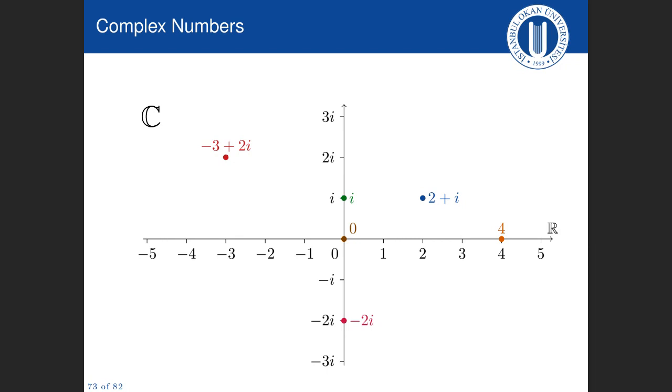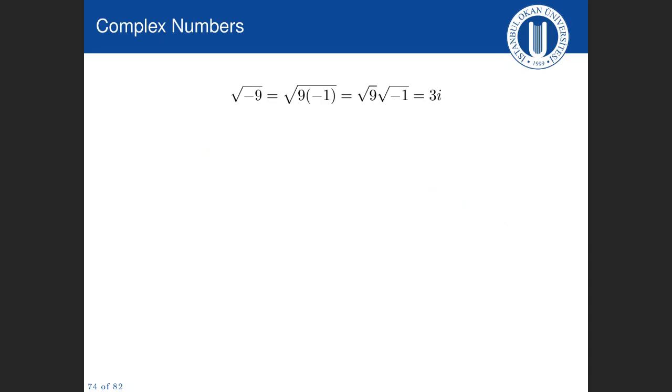Now that we have i, we can take the square root of any negative number. If we were asked to find the square root of minus 9, we can remember that minus 9 is 9 multiplied by minus 1. And if we're doing the square root of a product of two numbers, we can just do the square root of 9 multiplied by the square root of minus 1. So just 3i.